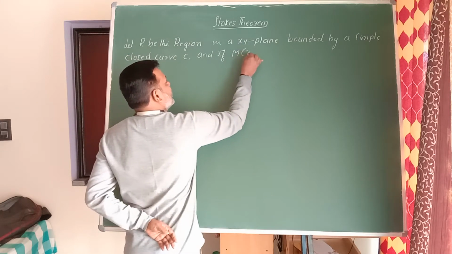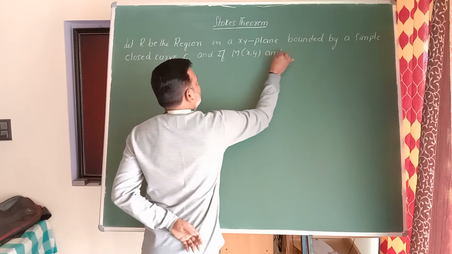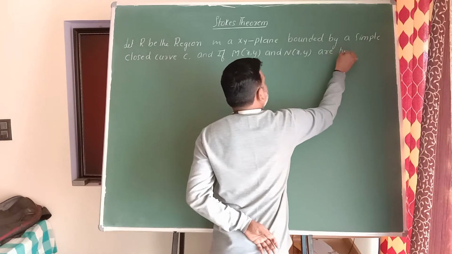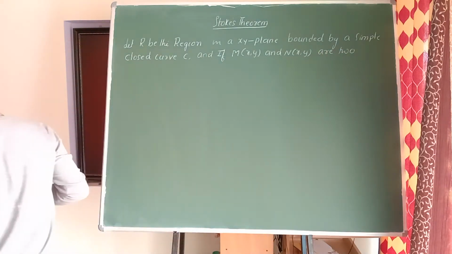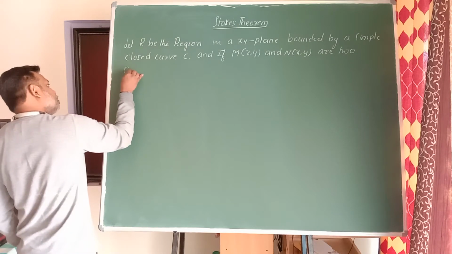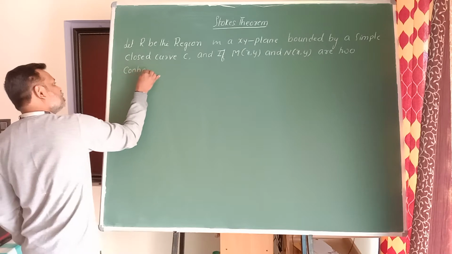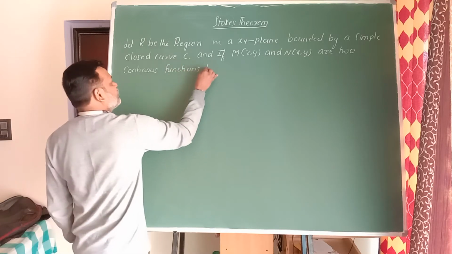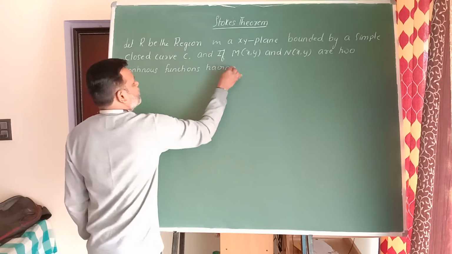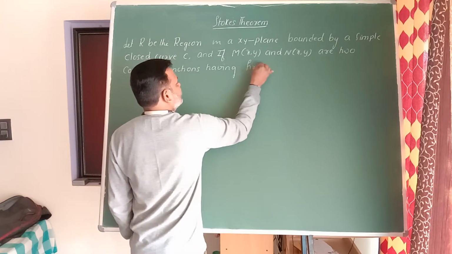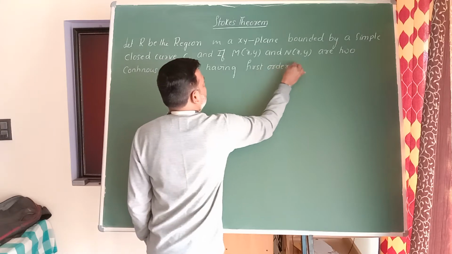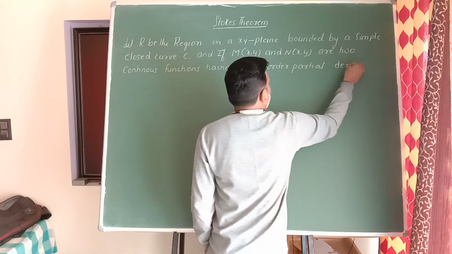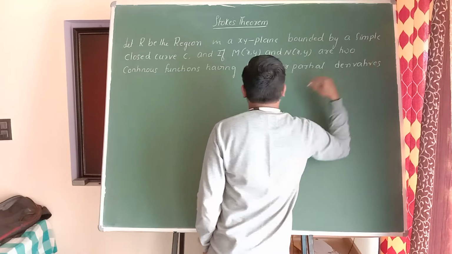If M of x, y and N of x, y are two continuous functions having first order partial derivatives. Very simple statement.